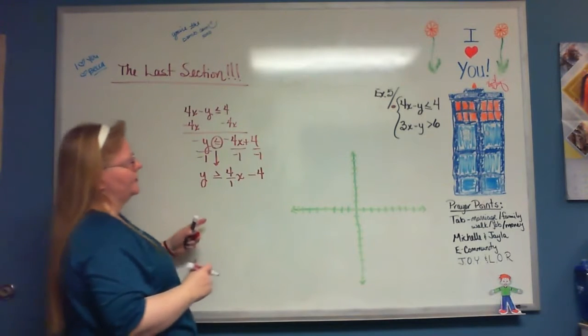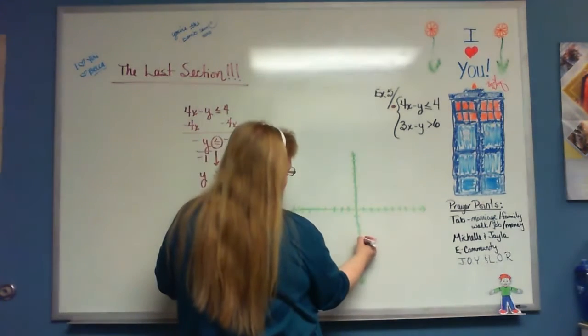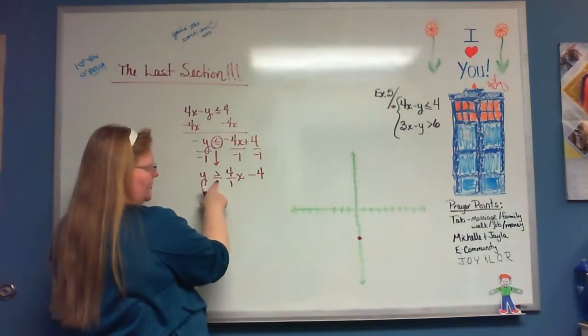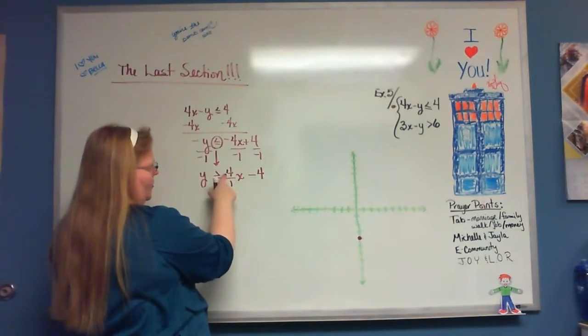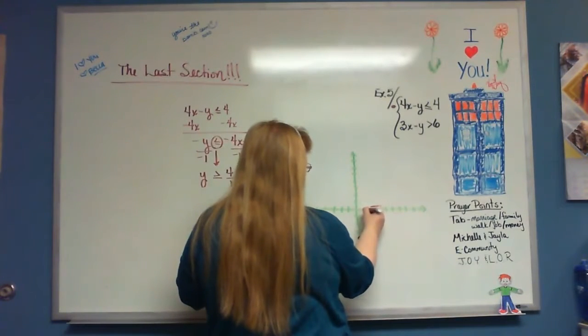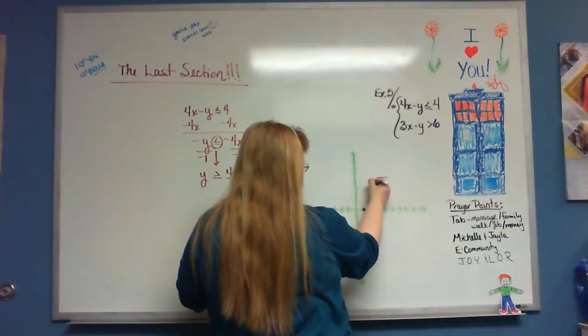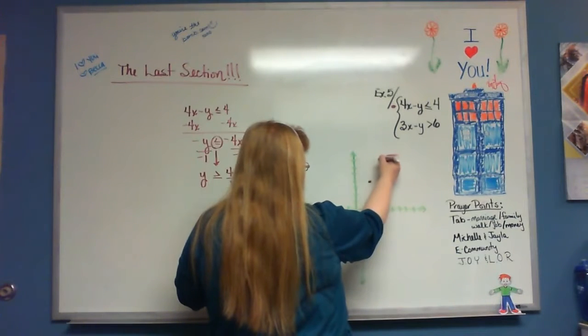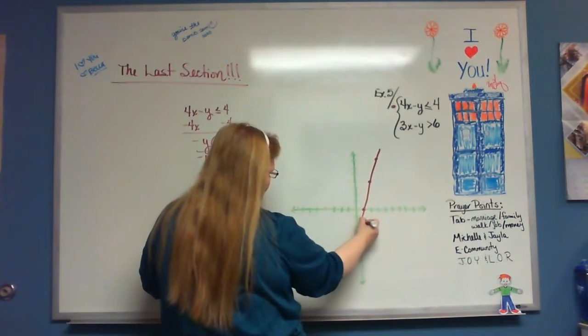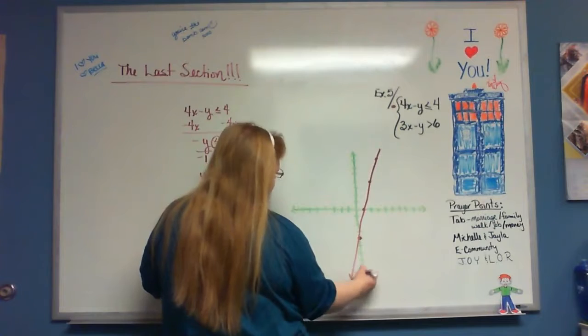So when I go to graph this, I have to start down here. It's going to be a solid line this time, going up 4 and over 1. Pretend it's straight.